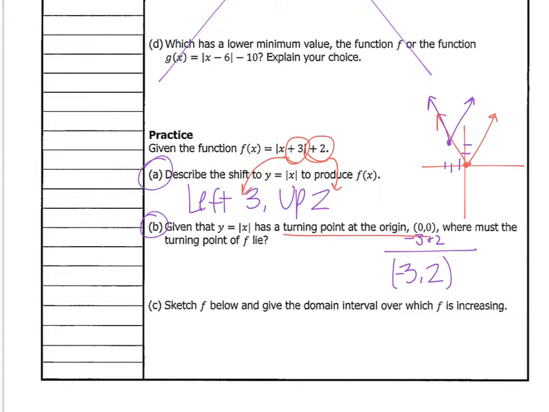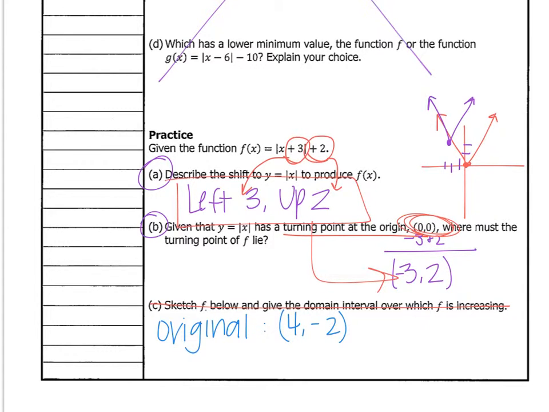Now, the reason it's working like this, where we just take the description and then make it into a point, is because we're starting at 0, 0. Cross off C, and let me say that the original is at 4, negative 2.